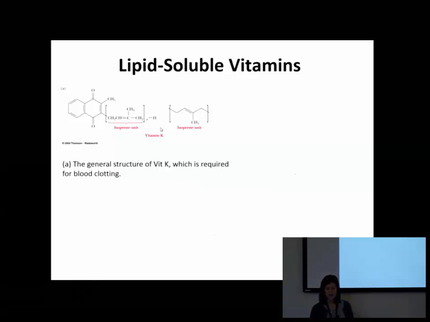So what did we say that the isoprene unit in CoQ10 did for coenzyme Q, or ubiquinone? It allowed it to do what? What was its function, CoQ? It went within the membrane, right?